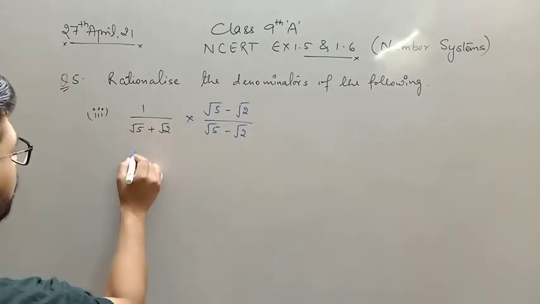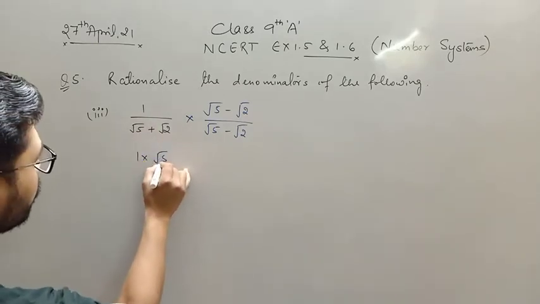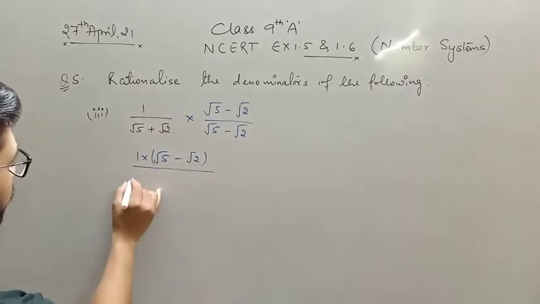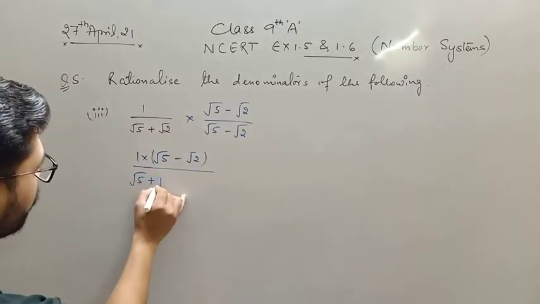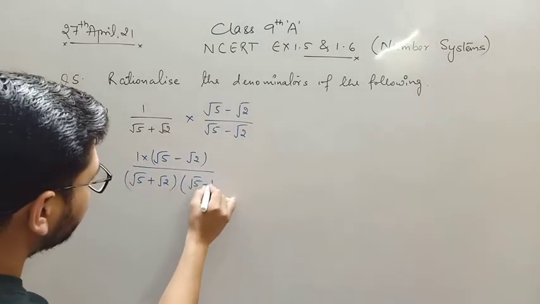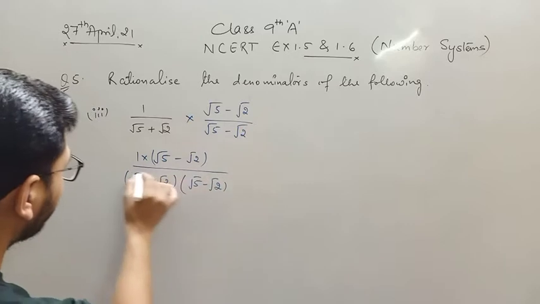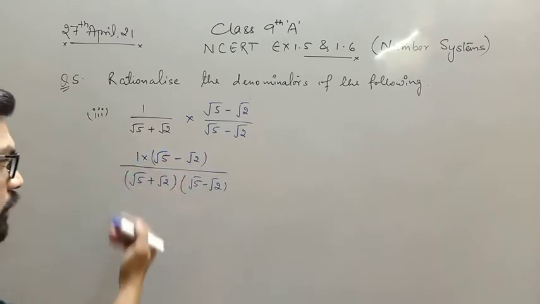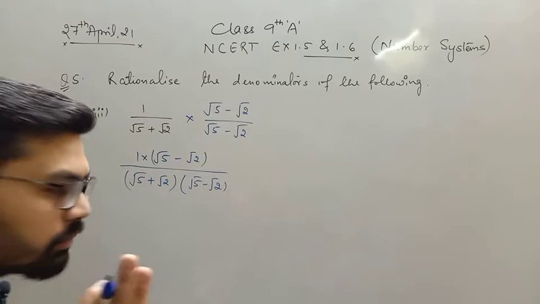Now this is simple. 1 into root 5 minus root 2 divided by root 5 plus root 2 multiplied with root 5 minus root 2. Any doubt in this? Now, if I multiply any number with 1, the result will always equal that number, right?